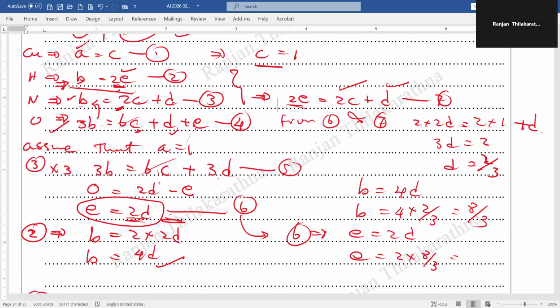Yeah, I got it. E equals 2D. This is not D. D equals 2 by 3, not 8 by 3. 2 times 2 by 3 equals 4 by 3. Now I know all the numbers.